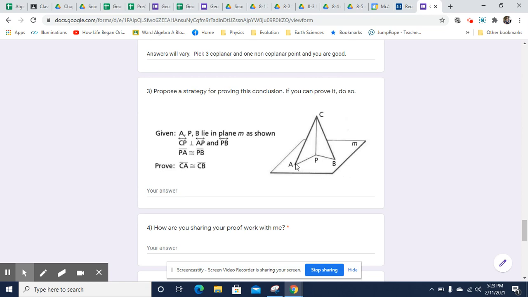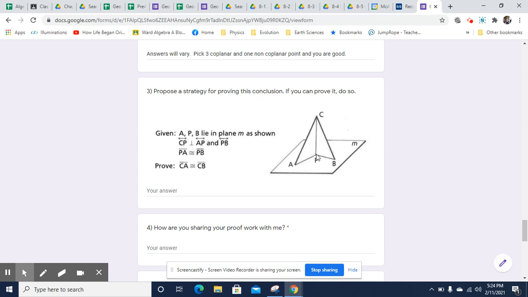Well, here's the neat thing. If we can prove that this triangle is congruent to this triangle, then we'll be able to prove that. Let's see.